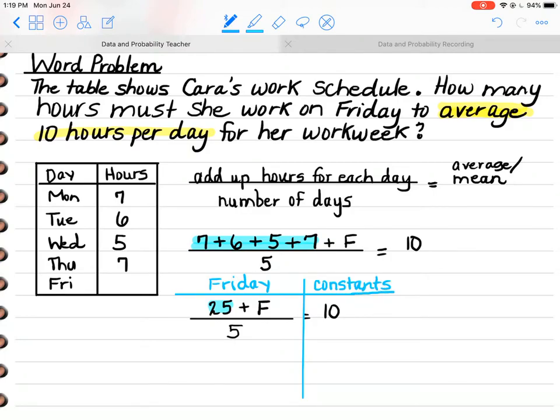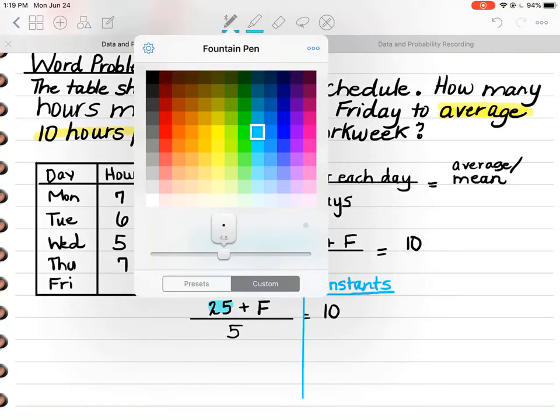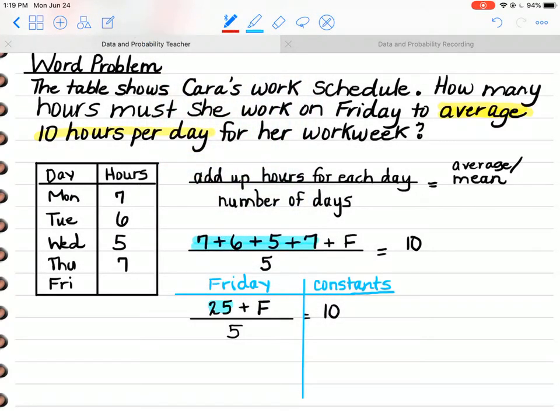Okay. So the first thing I need to do is move this 5 off the bottom. And to do that, I have to multiply it. That's one of the rules of algebra. And we do it to both sides. So we're canceling there. And I'm left with 25 plus F.